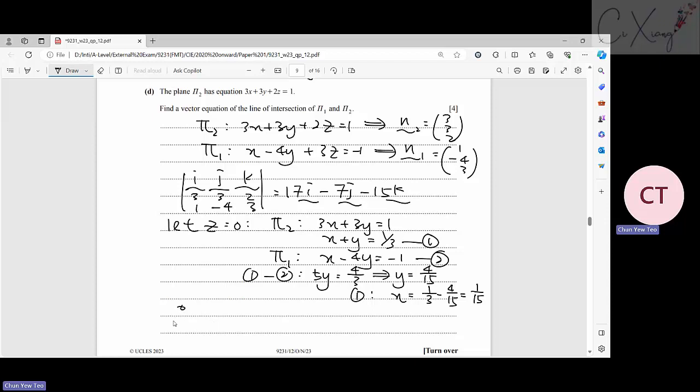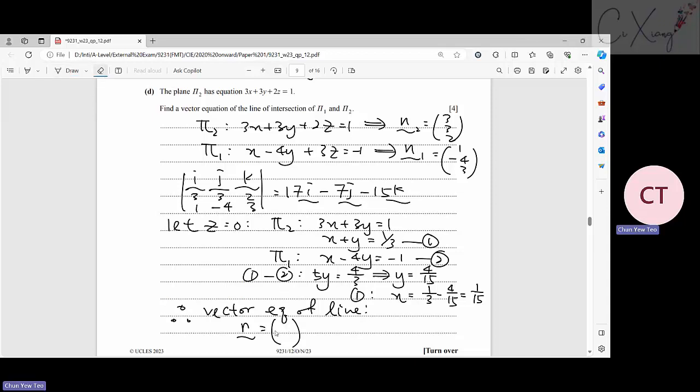So therefore, the vector equation of the line, let's write it down, is r equal to the coordinate.